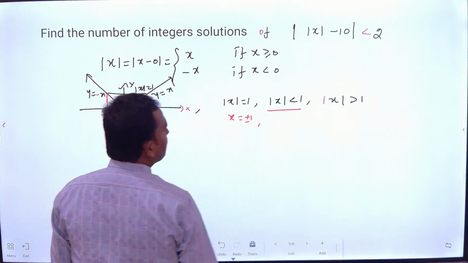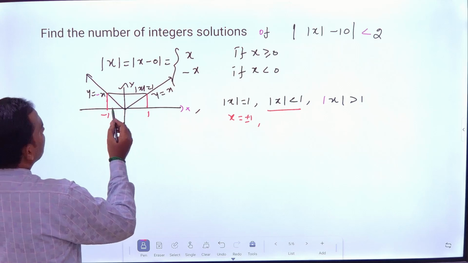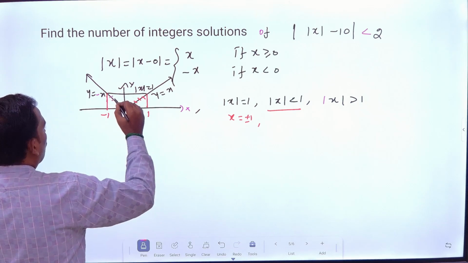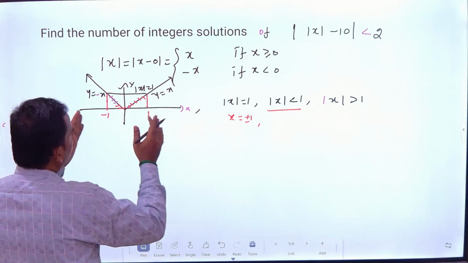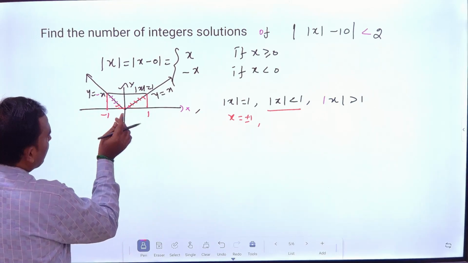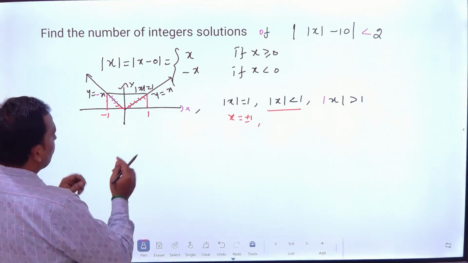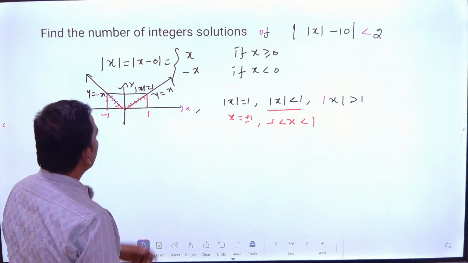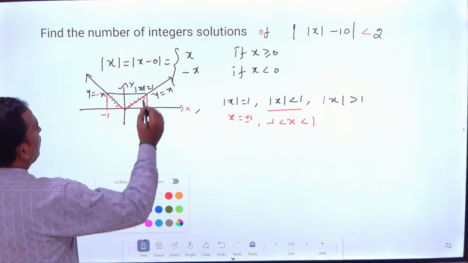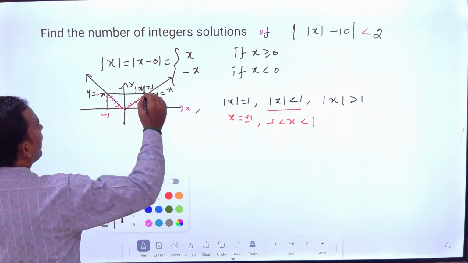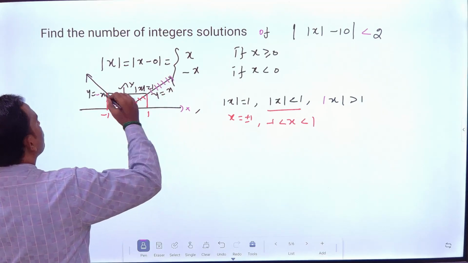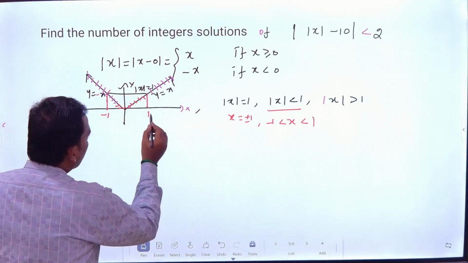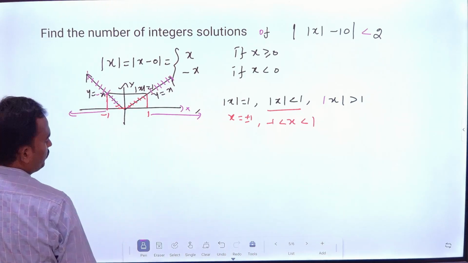Then mod x less than 1 means this interval, below mod x equal to 1. That means x falls between minus 1 and 1. Next, mod x greater than 1: let's take this portion. x will be more than 1 or x less than minus 1.